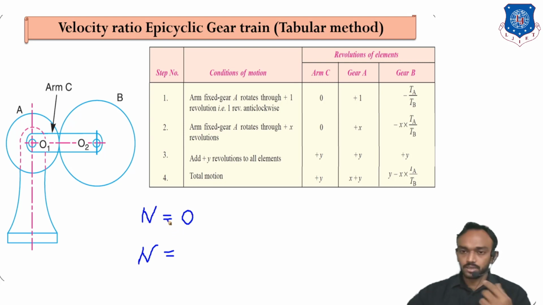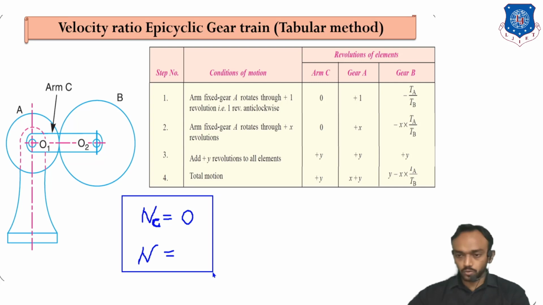Maybe they say gear B is fixed, or the arm is fixed. If they say the arm is fixed, then indirectly they have given that the RPM of C is equal to 0, and another RPM is given. So they always give 2 RPMs for any 2 components.